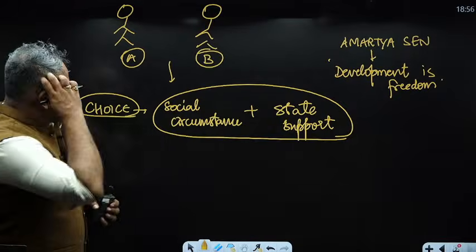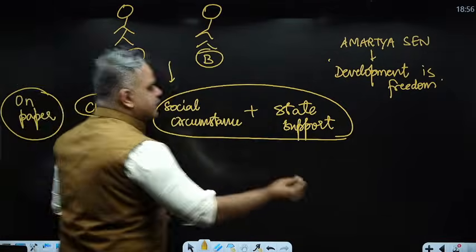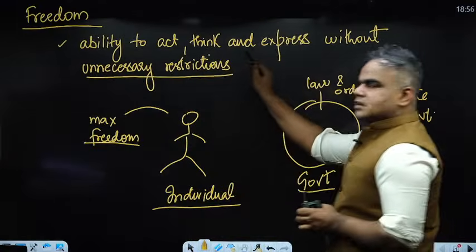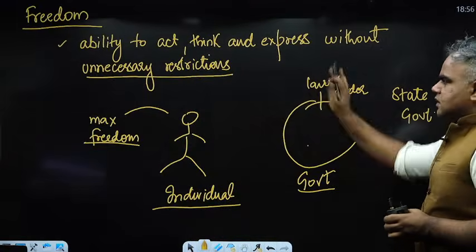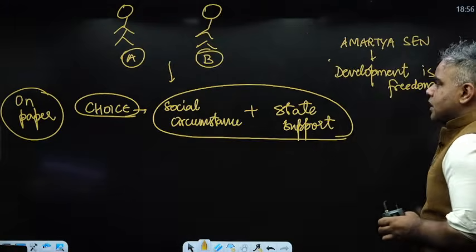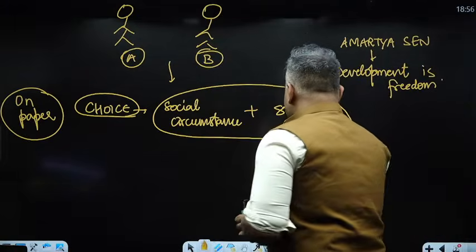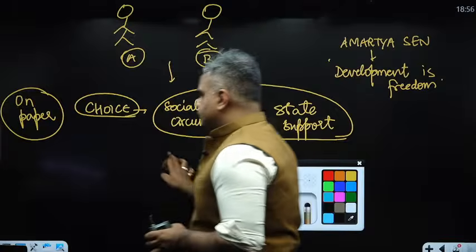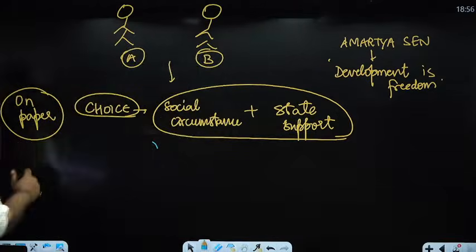Okay, now I hope you have seen this example. So one definition of freedom you have written with me is this: ability to act, think without. This is a good definition, not bad. But a more realistic definition is also what you can write with me, right?